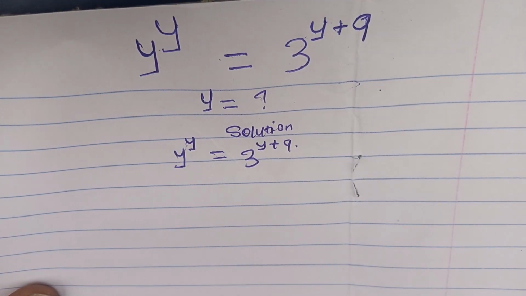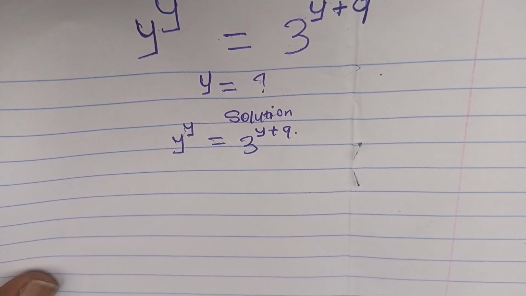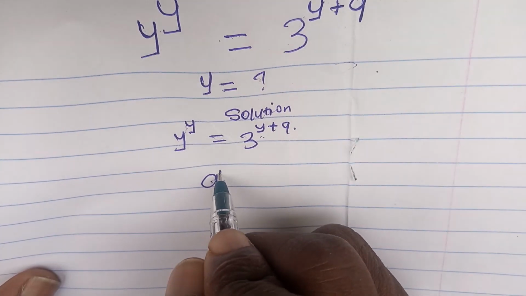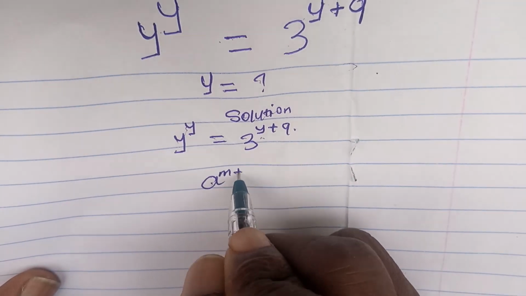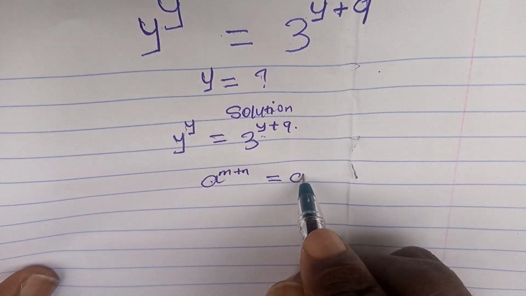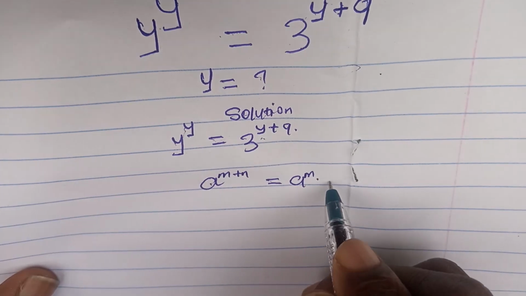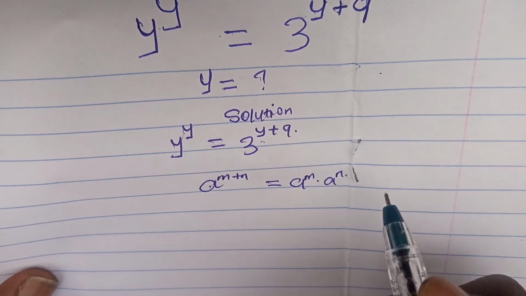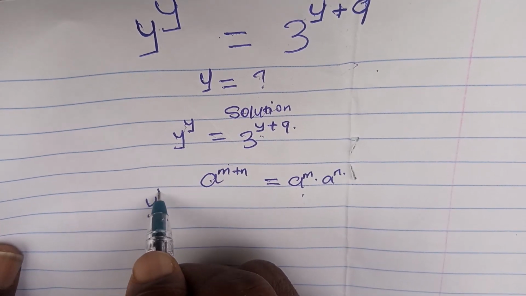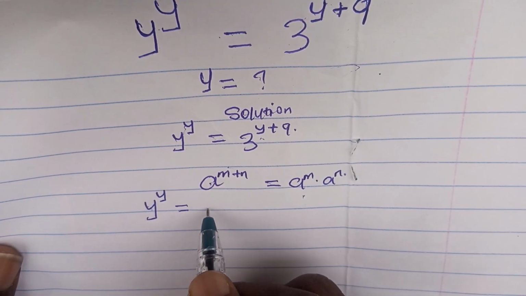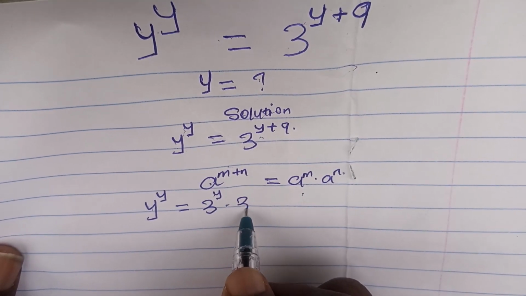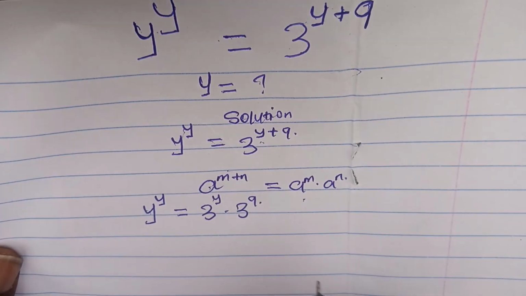From here we apply a rule which says a to the power of m plus n equals a to the power of m times a to the power of n. Applying this, we have y to the power of y equals 3 to the power of y times 3 to the power of 9.